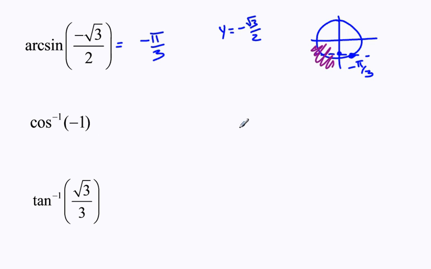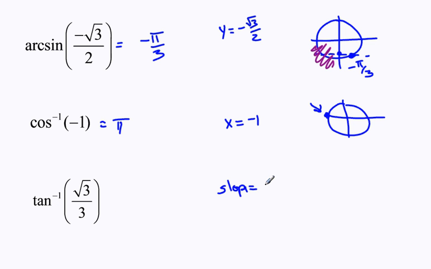All right, this next one, we're asking when is x equal to negative 1. Let's see, x equals negative 1 only one place, right there, and so that's at pi. And our last one, arctan of root 3 over 3, we're asking when does the slope equal root 3 over 3. Remember, root 3 is about 1.73, over 3.